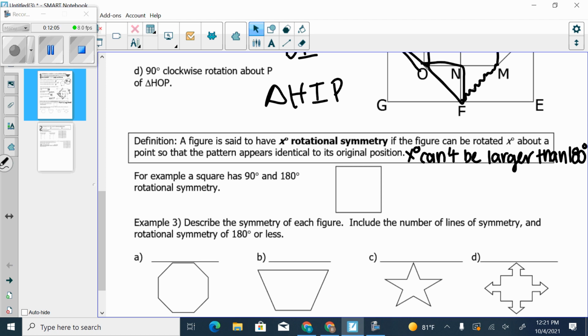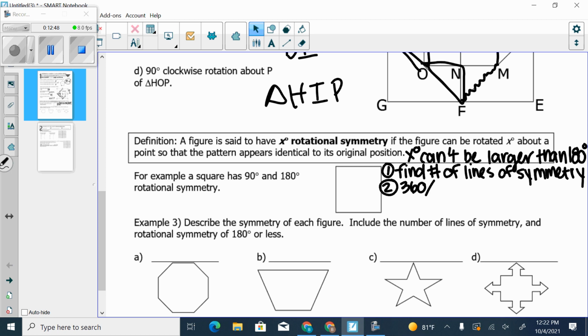Okay, so to find rotational symmetry, we're going to follow 3 steps. Our first step is going to be to find the number of lines of symmetry that that figure has. Once you have determined how many lines of symmetry you can find in that figure, step 2 is going to be to take 360 and divide it by the number of lines that you found.